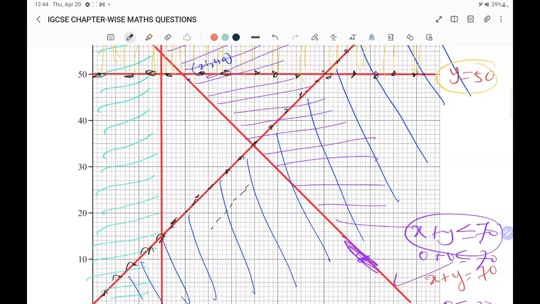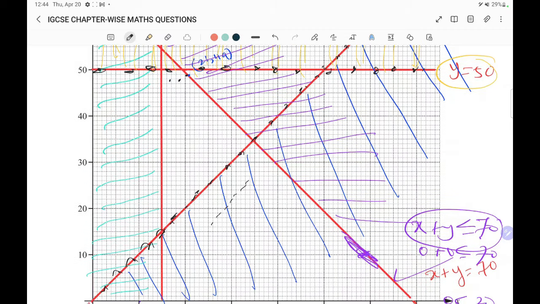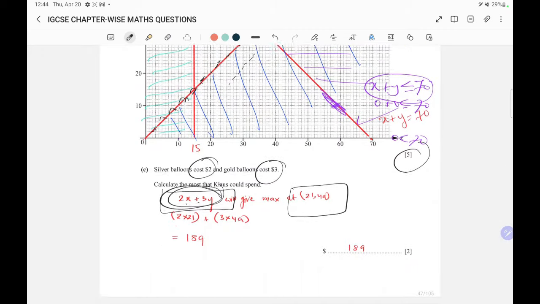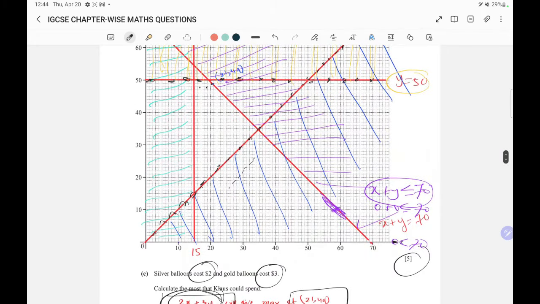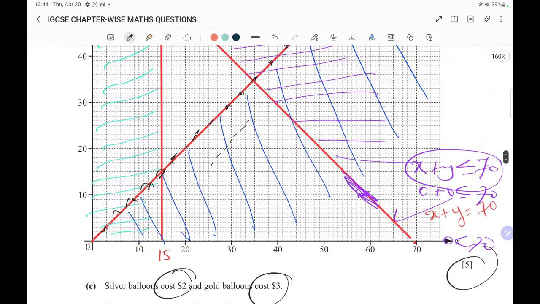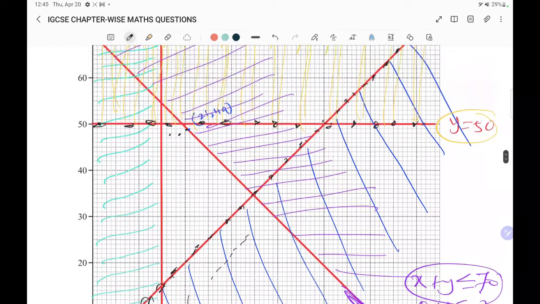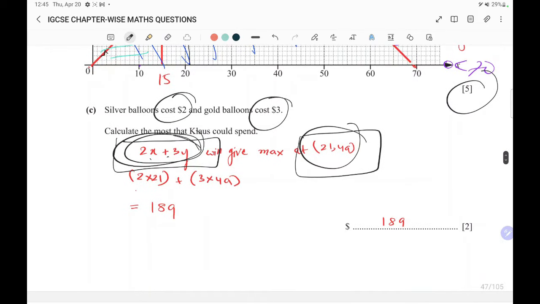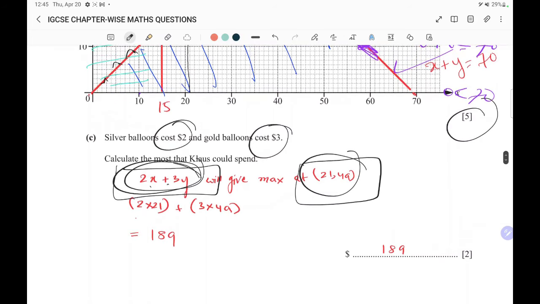So I can take this one, I can take this one, I can take even this point also. If you observe, you will find 21, 49 is the good point. So this is 20 and 21 will go there, somewhere here, and 50, just come down from 50, then you will get 49. So 21, 49 is the best point that will give you the maximum value.